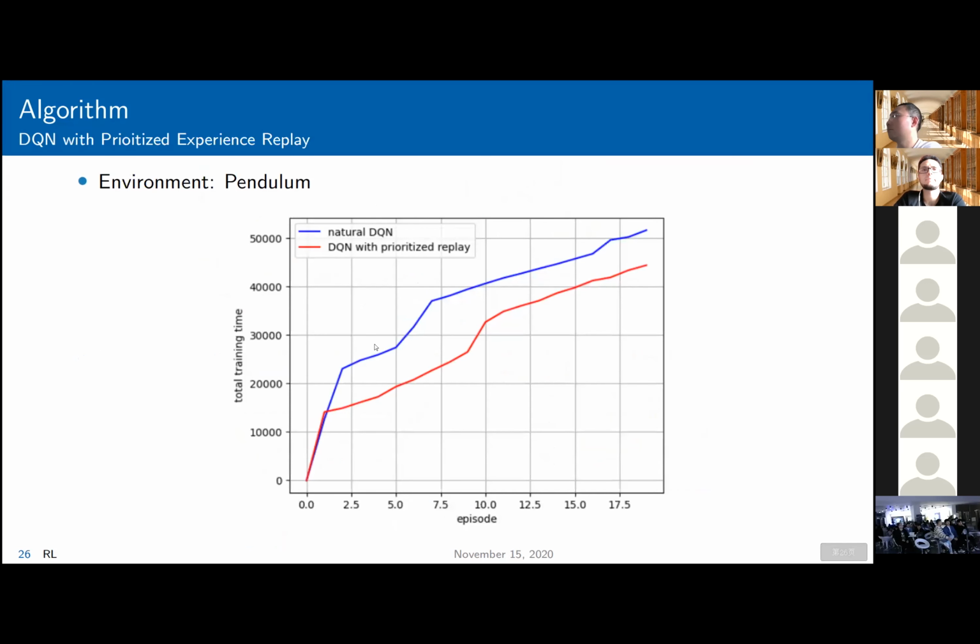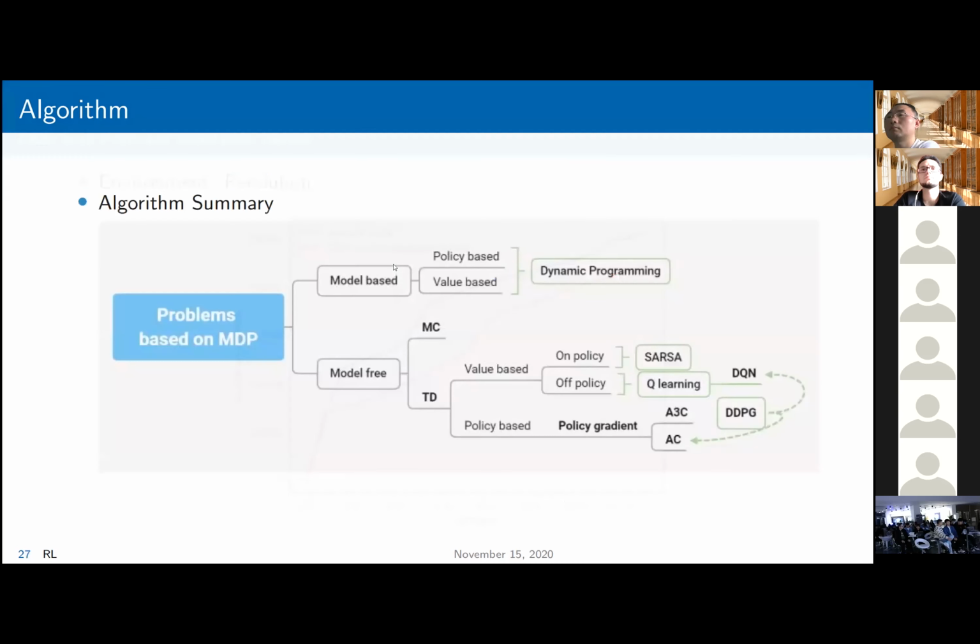And this chart is a comparison of training time between DQN and DQN with prioritized replay, and it can be seen that as the episodes increase, DQN with prioritized replay requires less training time than DQN. So, okay, the next one is policy gradient.